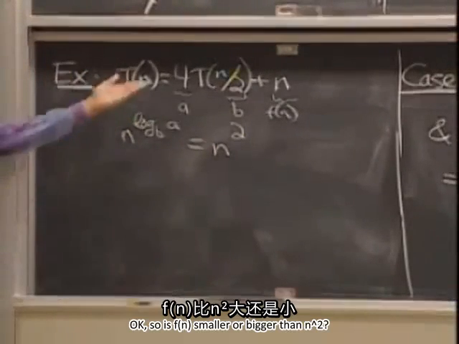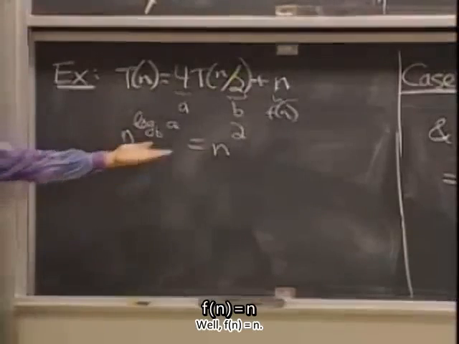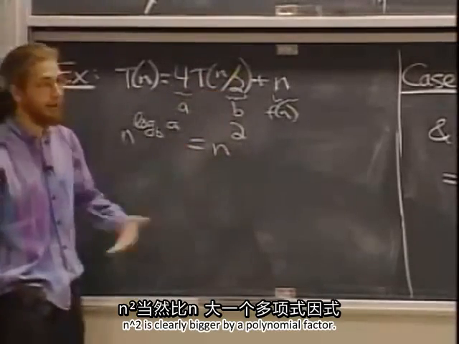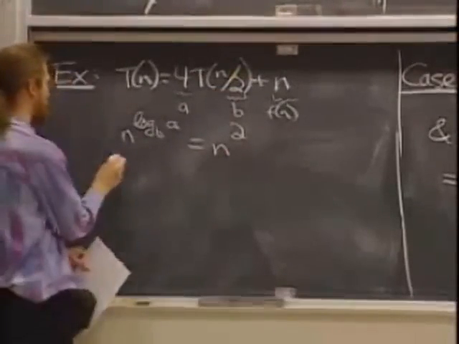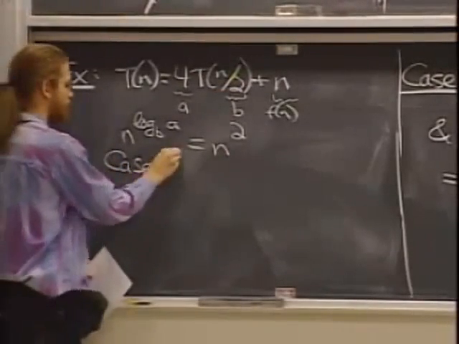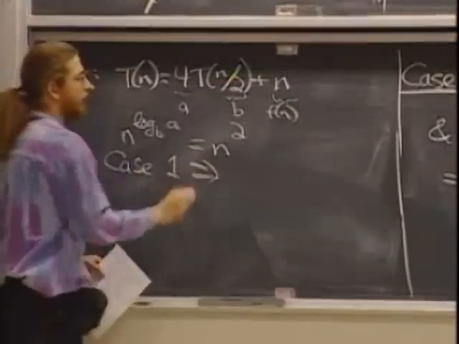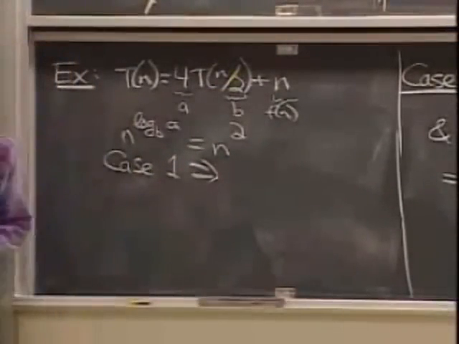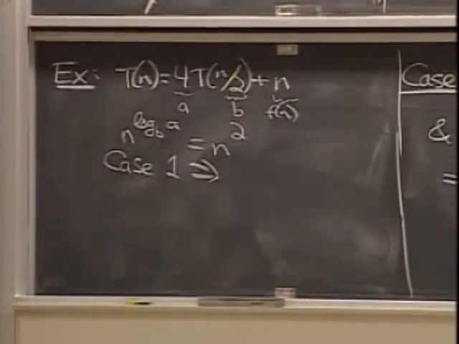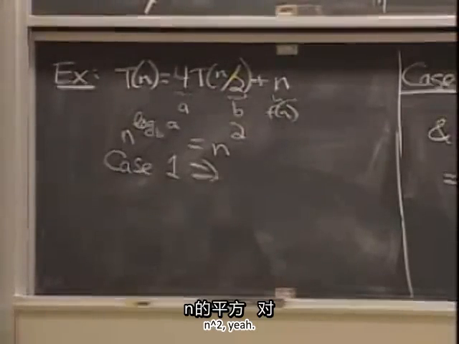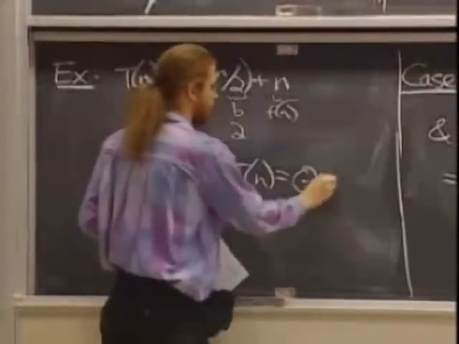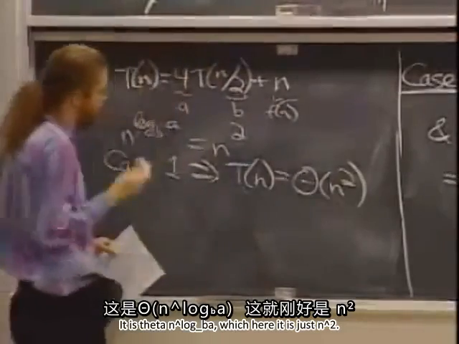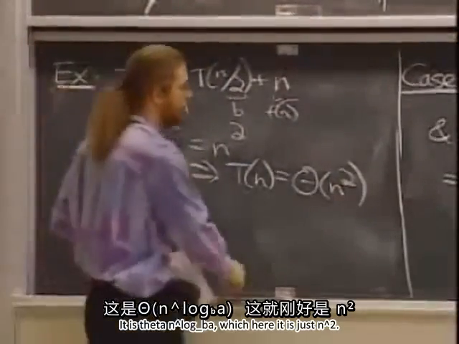Okay, so is f of n smaller or bigger than n squared? Well, f of n is n. N squared is clearly bigger by a polynomial factor. So we're in case 1. So what's the answer? N squared, yeah. It's theta n to the log base b of a, which is here just n squared.